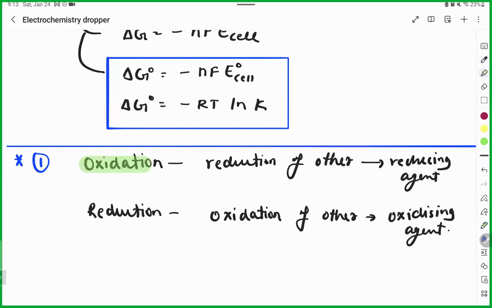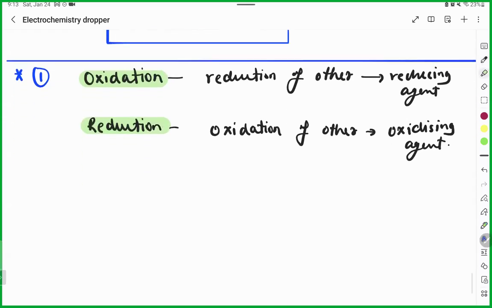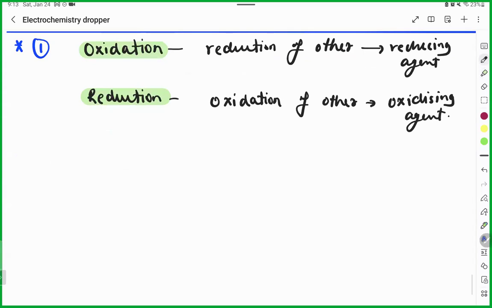What does it mean? If you see in this situation, oxidation and reduction happen simultaneously. Redox reaction. It is like a situation of beggar and donor. A donor exists only because there is a beggar.